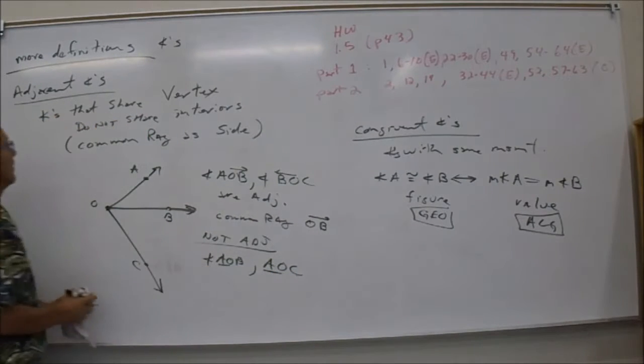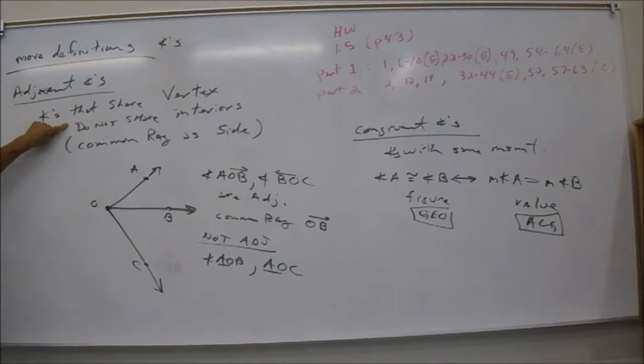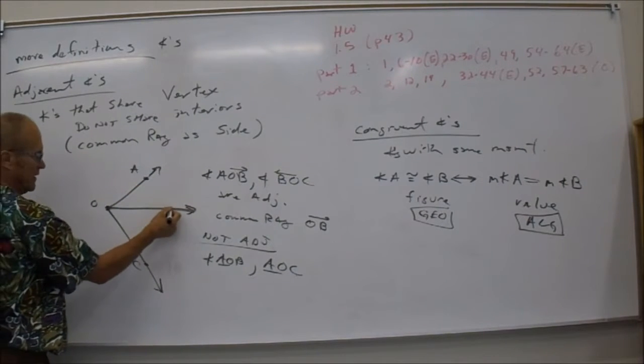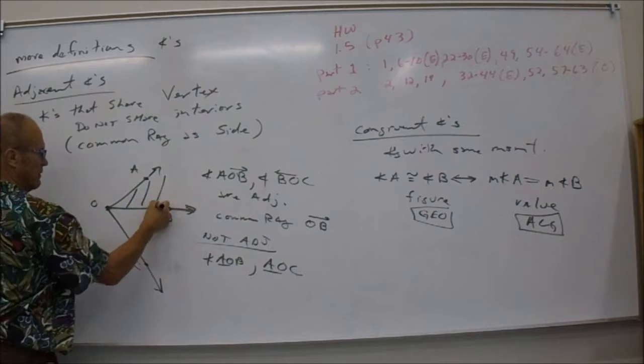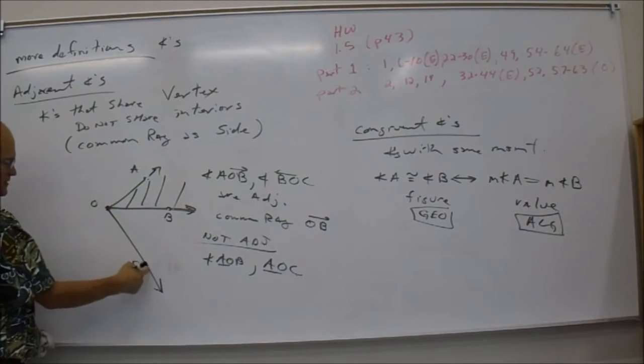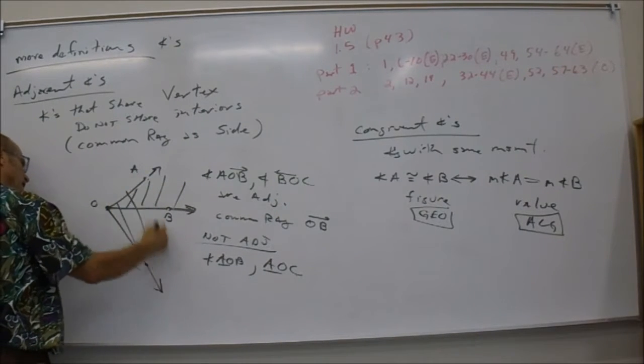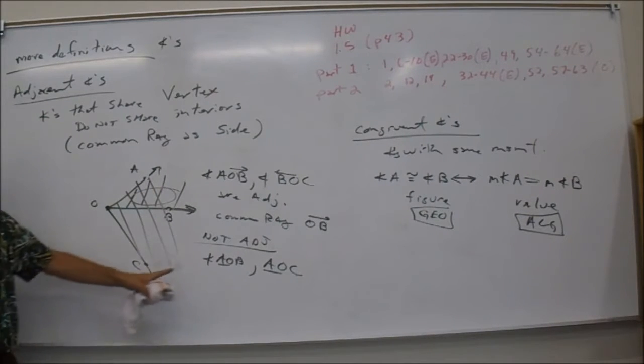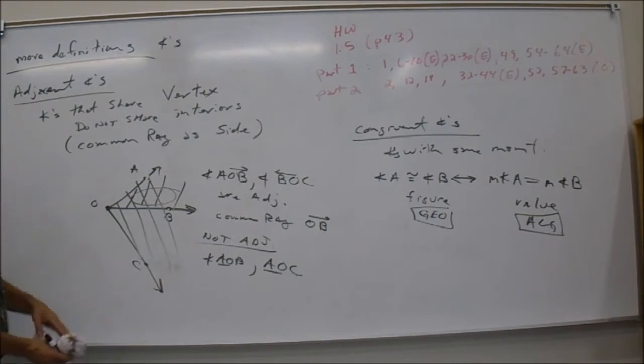But these share interiors. AOB is right here. AOC is right here. And you see this overlapping interior. So they are not adjacent because they do share interiors. You cannot share interiors and still be adjacent. Okay?